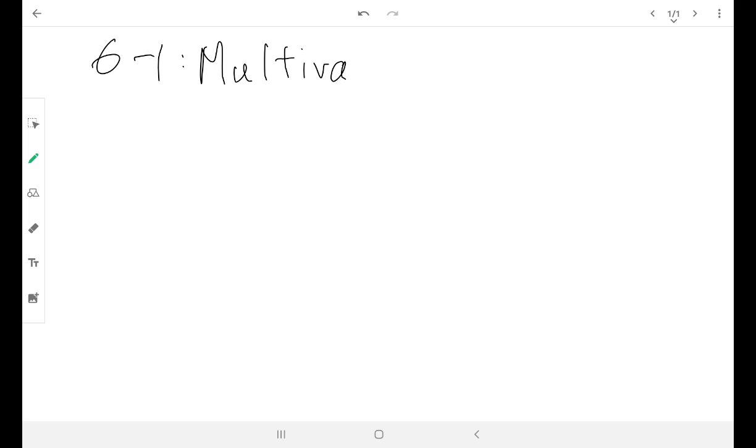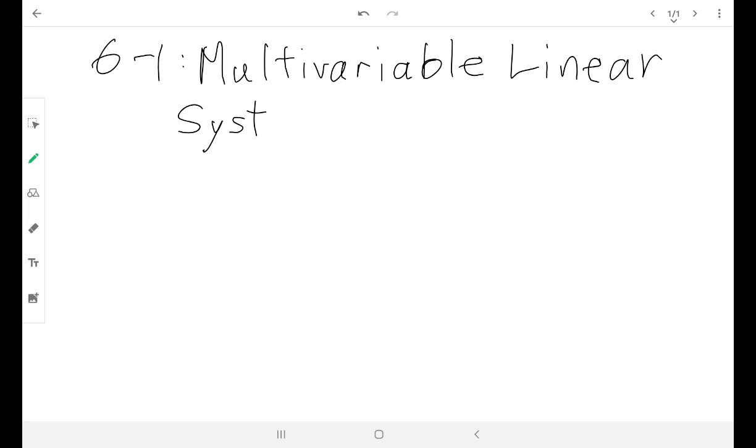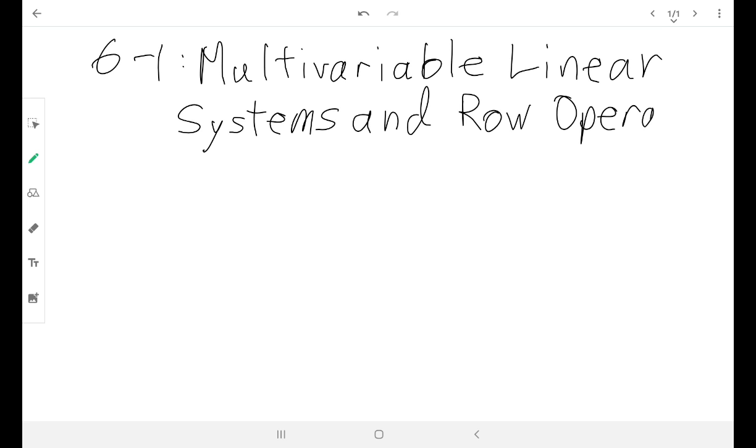This is multivariable linear systems and row operations.